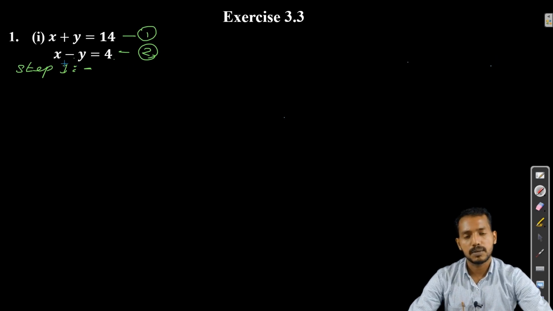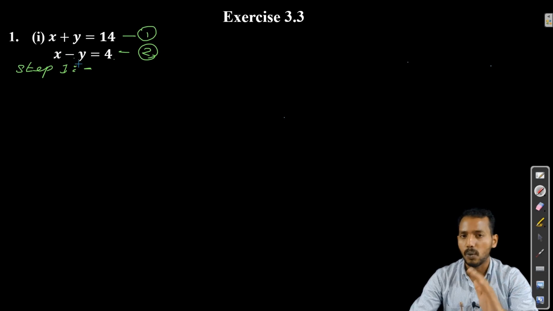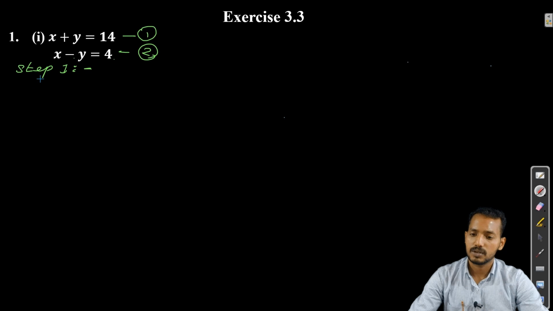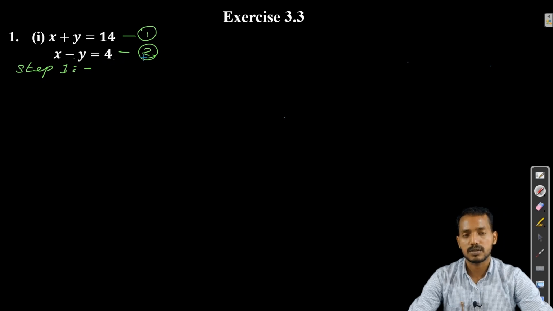In the first step, we are going to write one variable in terms of another. Either we can write x in terms of y or y in terms of x, from either equation number 1 or equation number 2. So here I am choosing equation number 2, because while choosing the equation, we have to go for the convenient one.